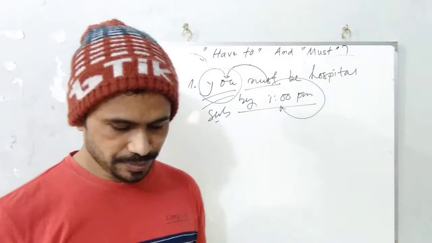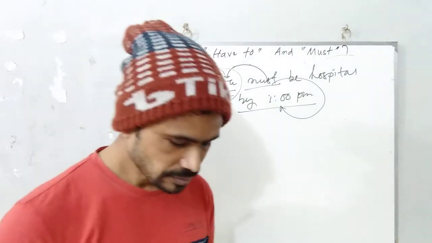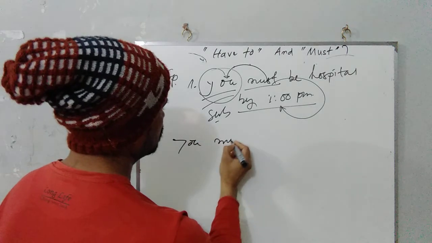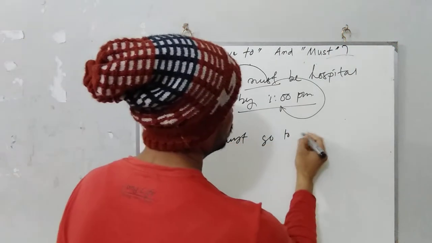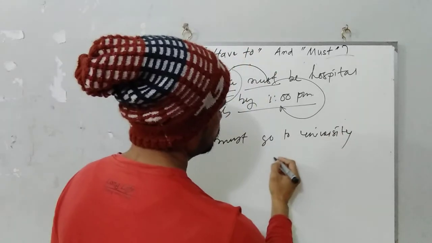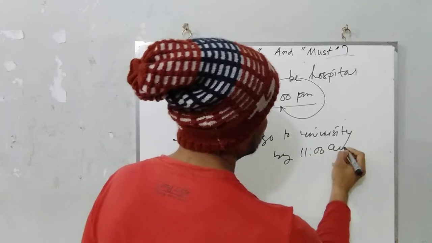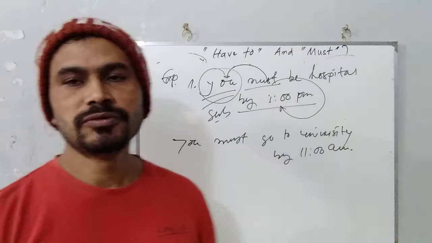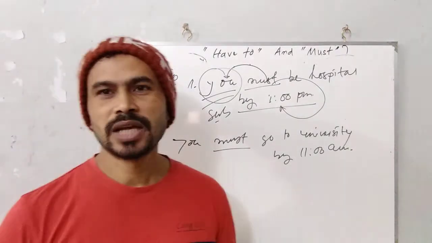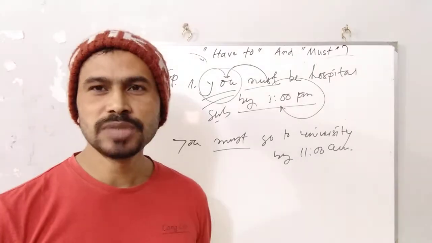Okay, so I'd like to mention one sentence for your better understanding. You must go to university by 11 a.m. Okay, so must, I have told you already, is used as a subjective obligation.